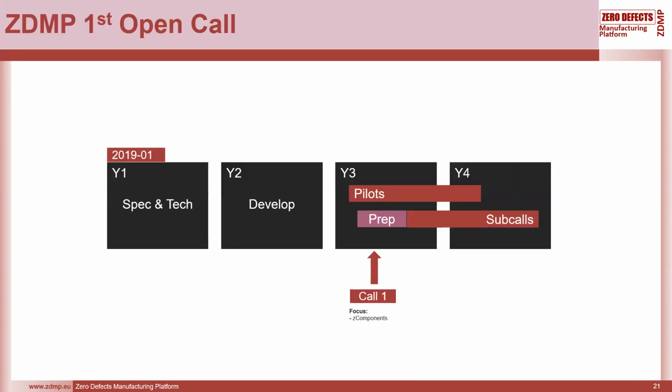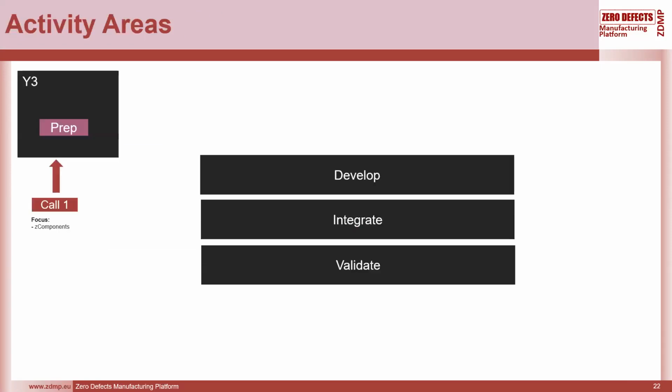Just a few final words in the last minutes about the call, but Stefano is going to tell you more. This is where we are now, call 1, and you can see the focus is very much about components. Call 2 will include components, but be slightly more oriented to ZAPs in the entire platform. So definitely now the focus is towards components, but not only components. And that's divided into what we call develop, integrate, and validate.